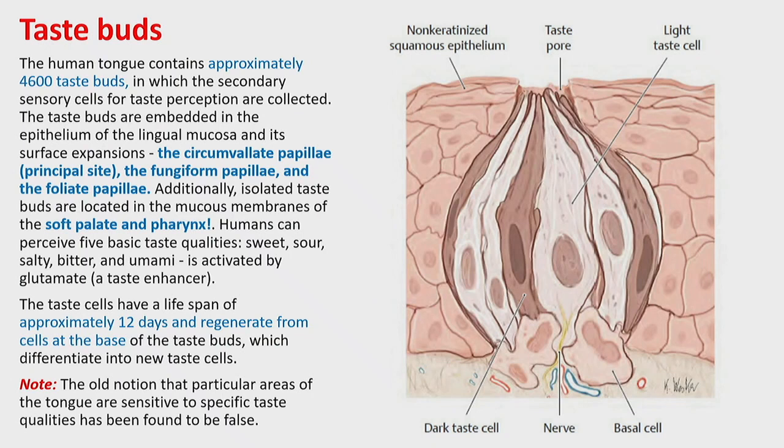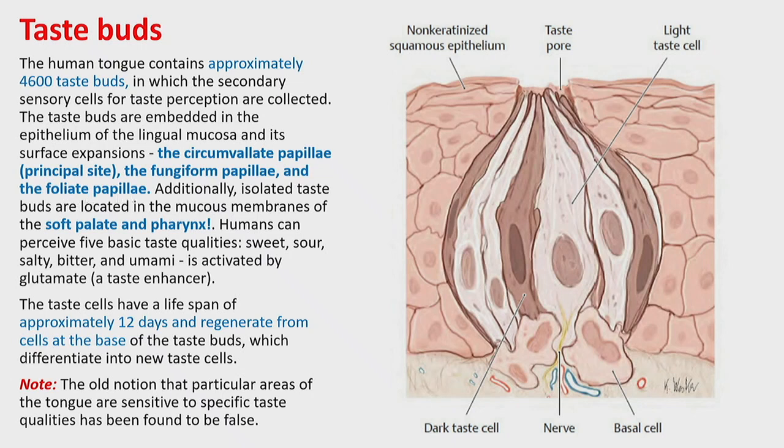Now, details of these taste buds. Approximately we have 4,600 taste buds, and the structure looks like here. As we mentioned, the taste bud is embedded inside the epithelium of the lingual mucosa of the circumvallate, fungiform, and foliate papillae, not filiform.